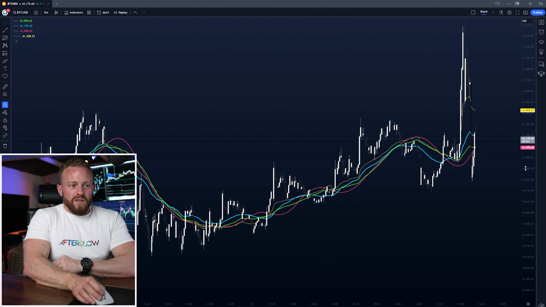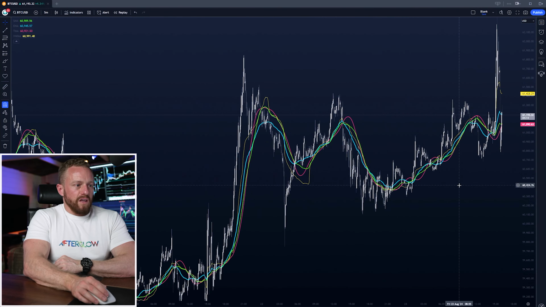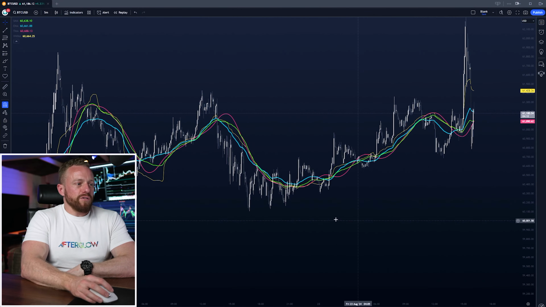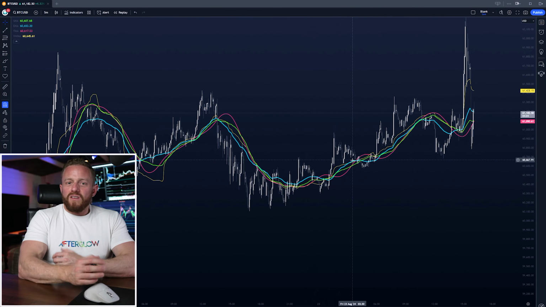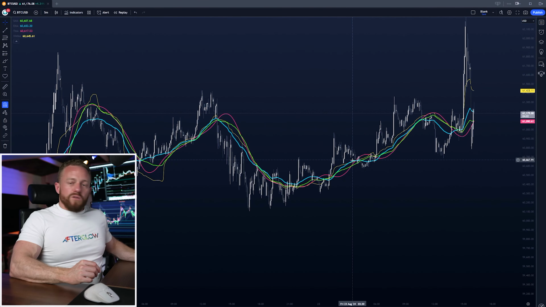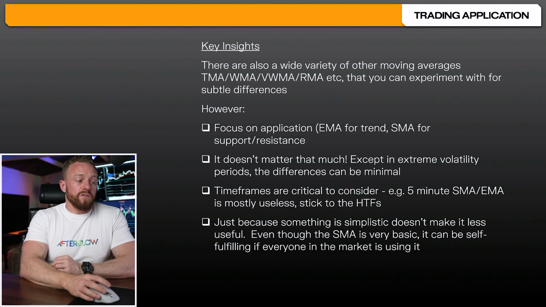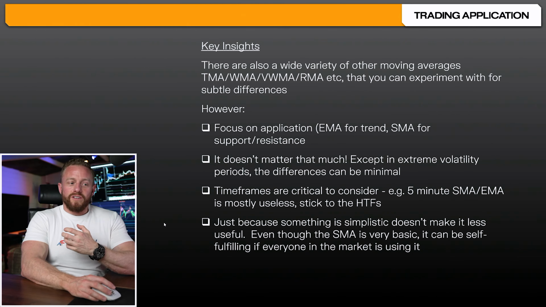Here you see now we're on the 5 minute, and it's arguable how helpful this is. Price is just all over the place, above, below, above, below. This isn't useful, right? So if you are going to use these, I personally would recommend staying on the higher time frames.